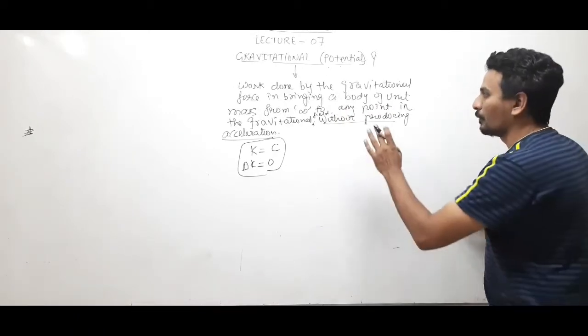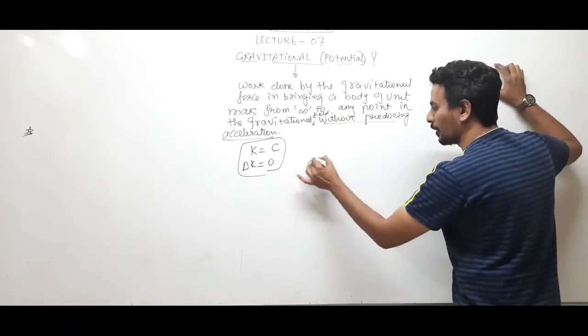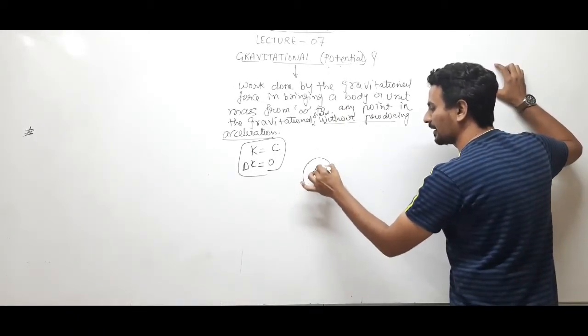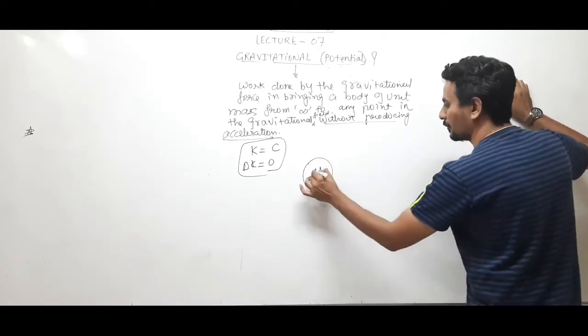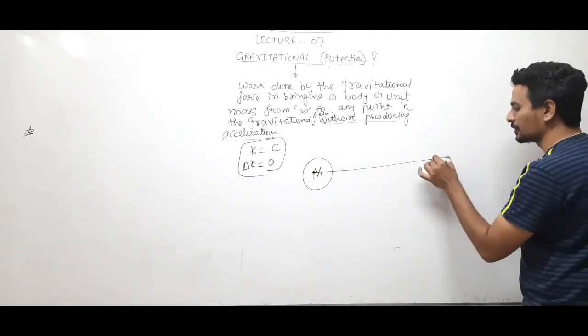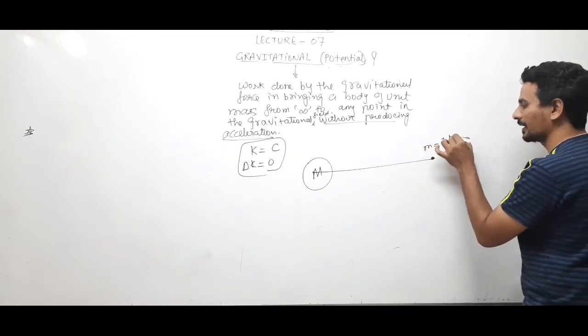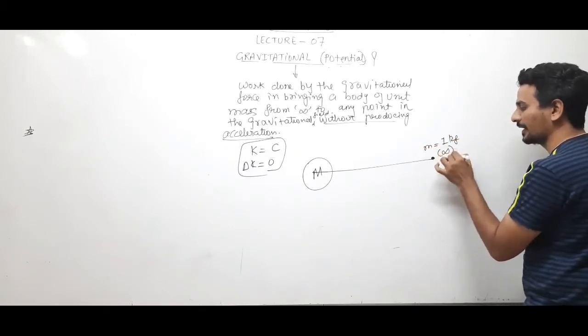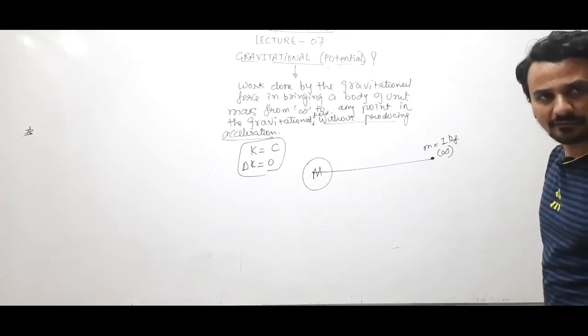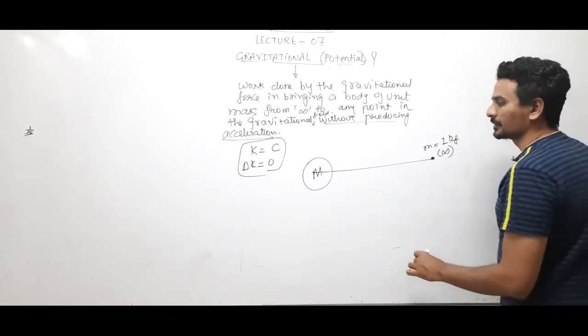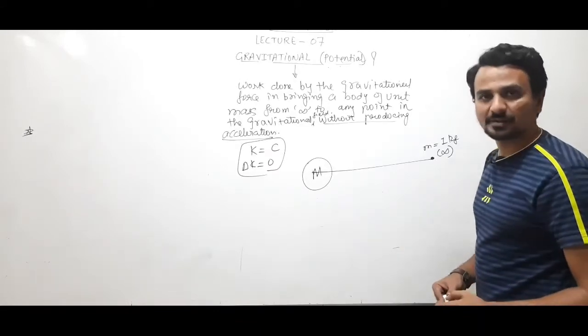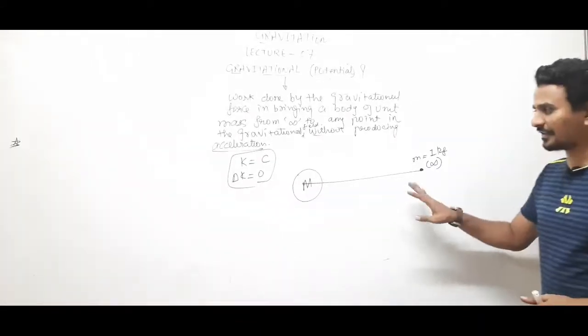What does this mean? There is a body, so there is a mass, capital M. Suppose a unit mass, that is 1 kilogram, is at infinity. We know that every body having some mass will produce a gravitational field.